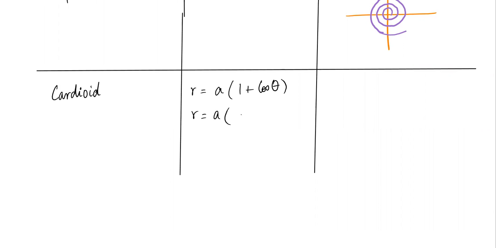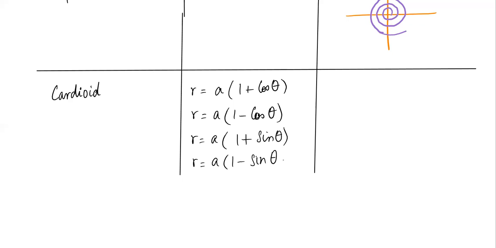Then how does a cardioid look? Cardioid. Remember fun with cycloid and hypocycloid? We have cardioid. This is a times 1 plus cosine theta. Could look like that. 1 minus cosine theta, 1 plus sine theta, or a times 1 minus sine theta.